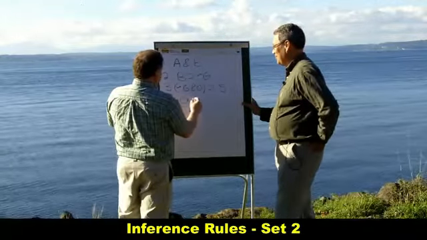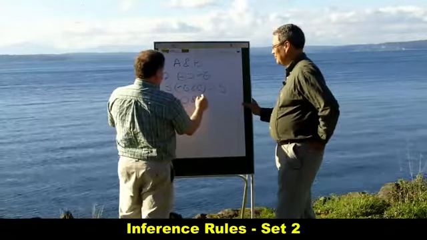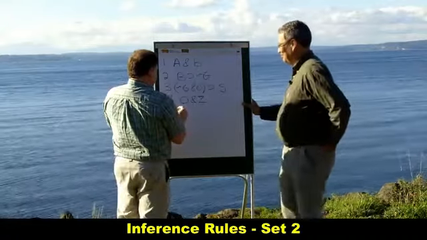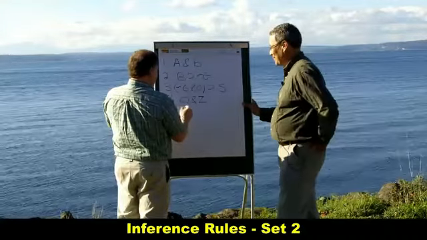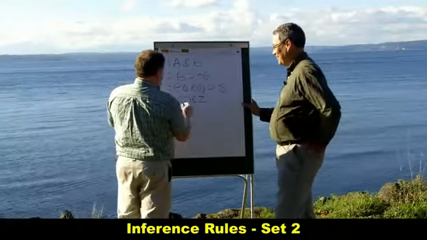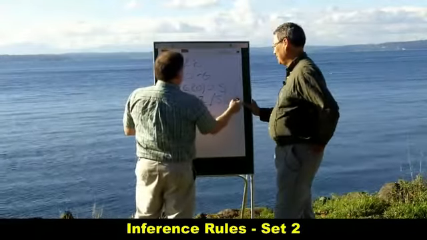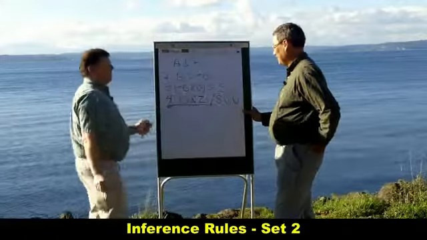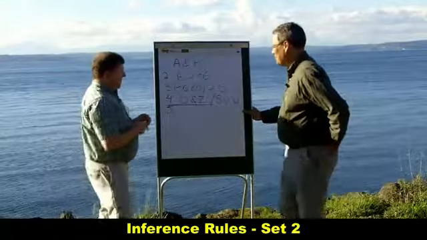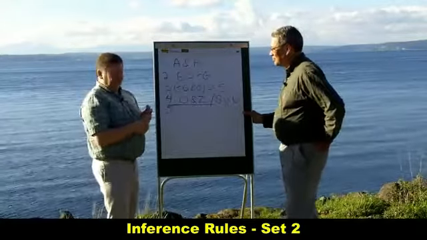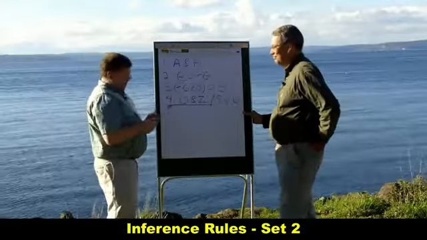How about this? And let's just have as our conclusion S wedge U. How's that? That'll work. Okay. That uses 3 of the rules. Okay, we're just going to use 3 of the 4. We're saving the 4th for the next one.